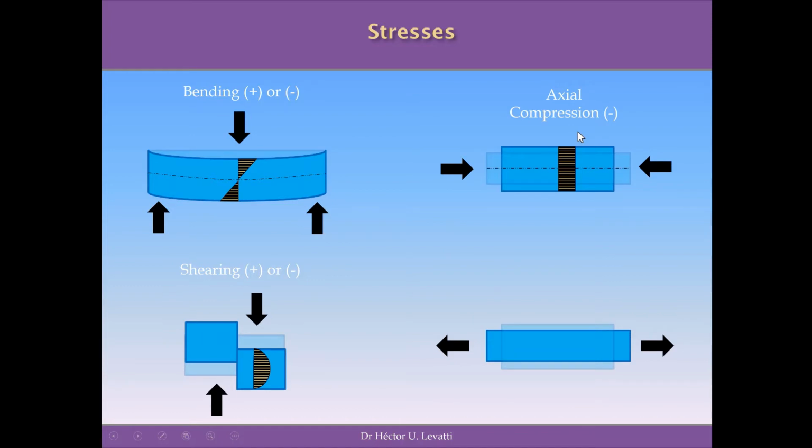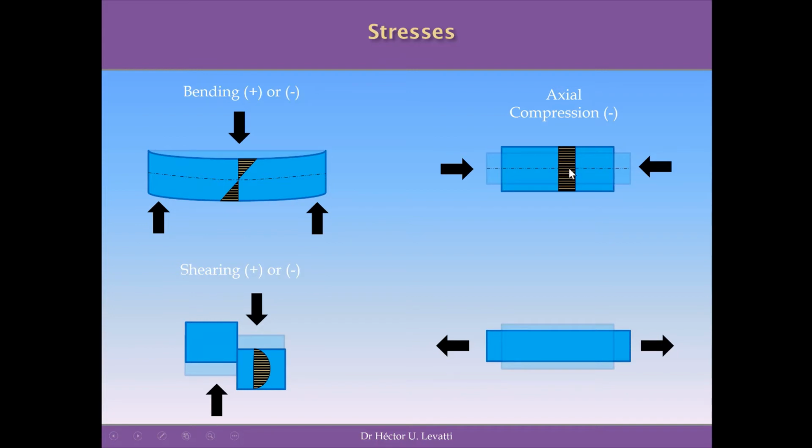When we have axial forces acting on a structure, as in this one, for example, and these axial forces act exactly on the center of the cross section, axial compression stresses are produced, and the distribution of these stresses is constant.